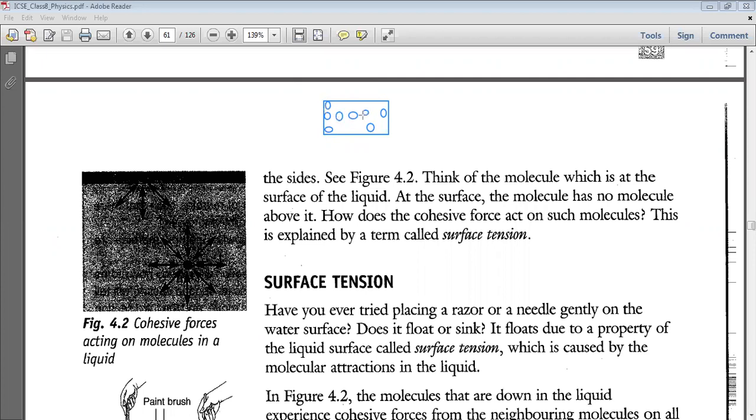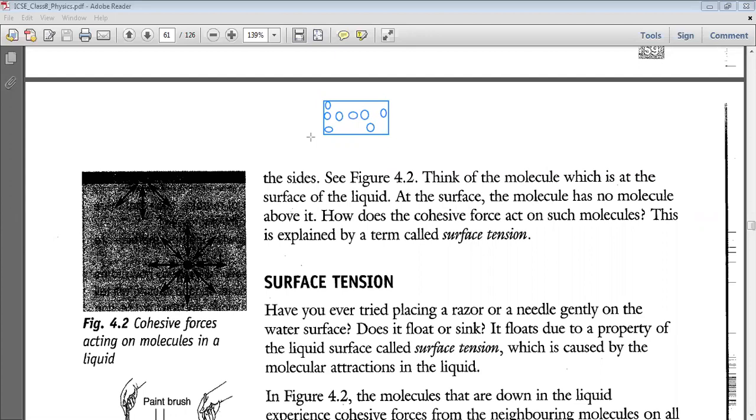Now you see one thing. At this surface there is no other molecule above it. Here you see এই যে মলিকিউলটা আছে দুদিকে দুটো মলিকিউল আছে, and these two molecules try to attract this molecule towards itself. একে অপরের সাথে attract করে, right? So they attract each other.